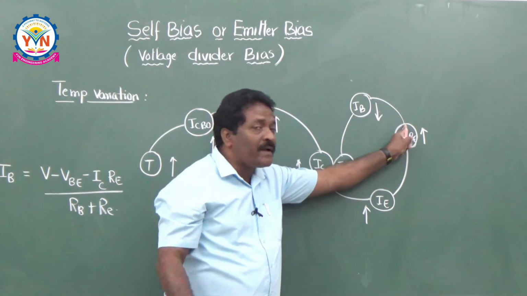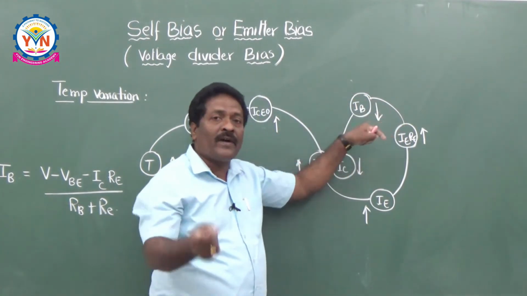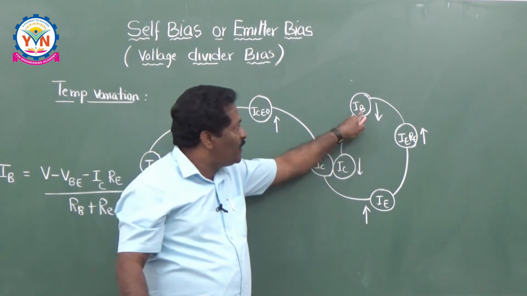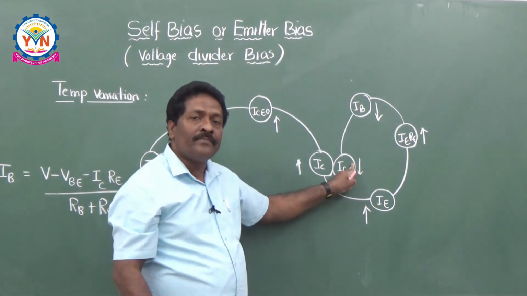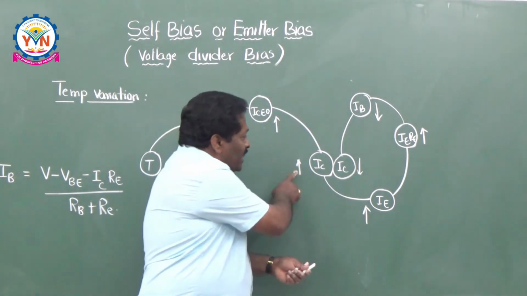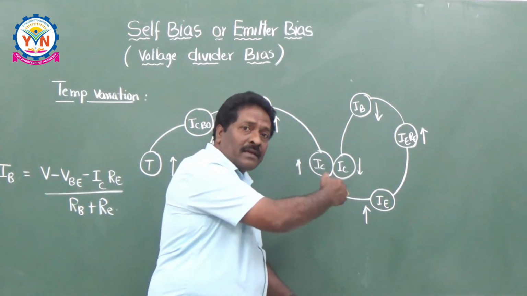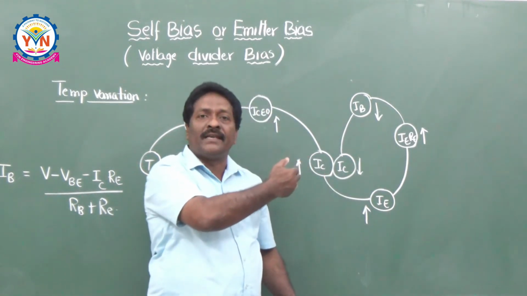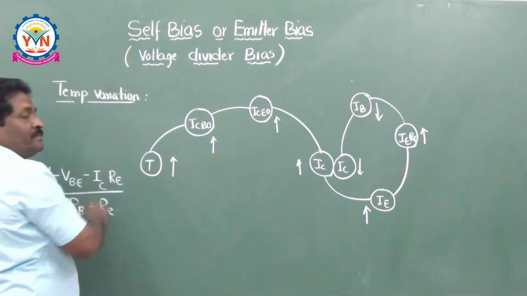If the voltage drop across the emitter increases, IB decreases because the forward biasing is decreased. If input current decreases, output current automatically decreases. That means the increase in IC is balanced by the decrease in IC because of the reverse biasing of the input junction. So that is the reason the temperature variation is excellent.